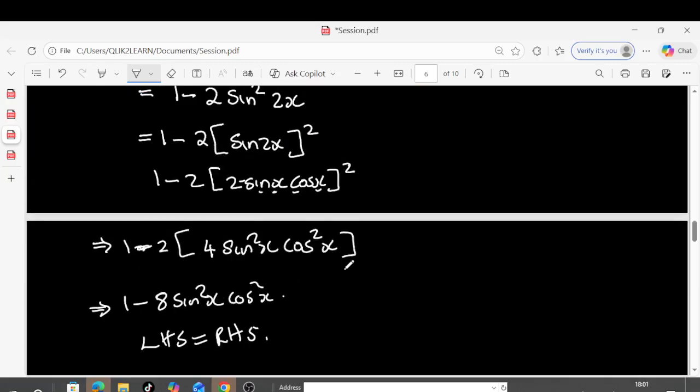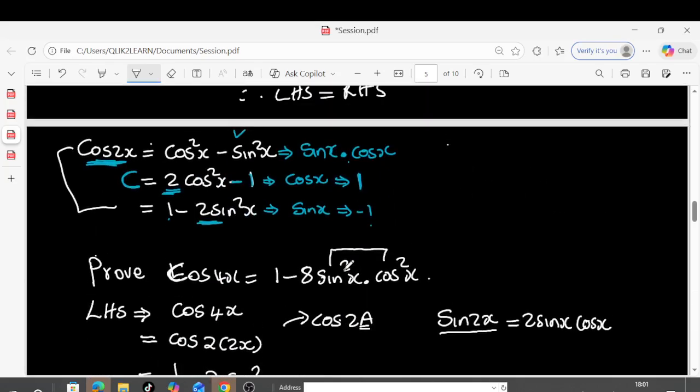So the best identity to choose, look at this. We have cos before the cos 2x. The identity that we're going to use is 2 cos squared x minus 1. I hope this makes sense. So if this is cos, the identity that we're going to choose is 2 cos squared x minus 1.